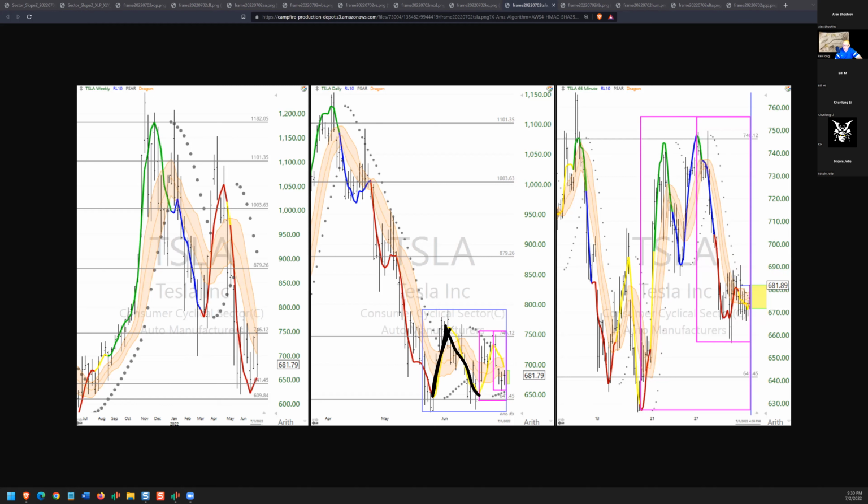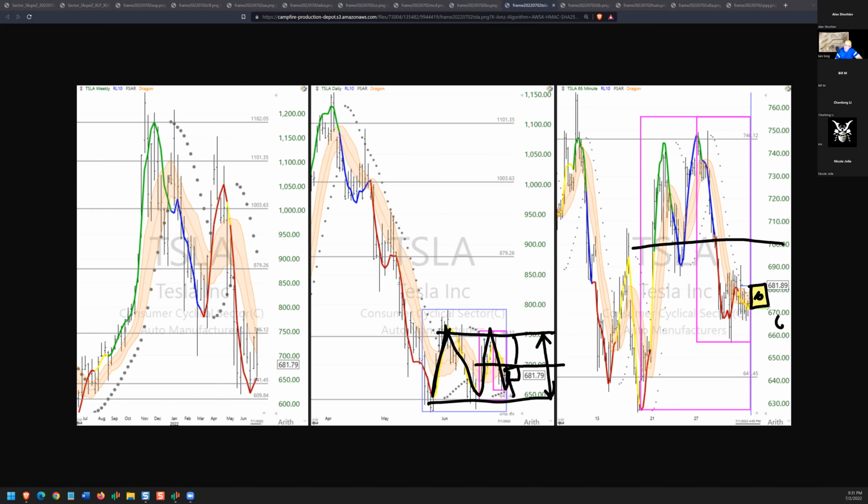Up, down, up, down, up, tiny little risk box. Is it going to come to 750? Is it going to collapse below 650? So that's $100 range. And right at the key state of 700. So that's a $10 risk.